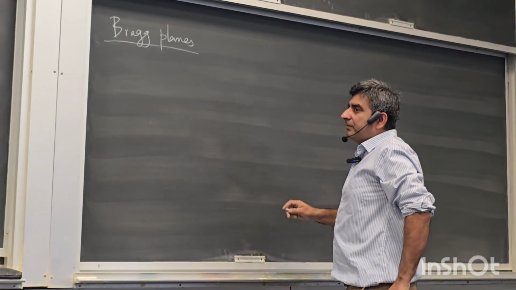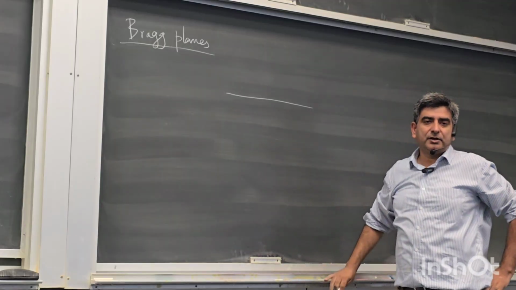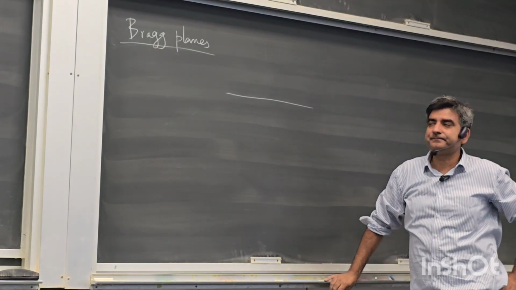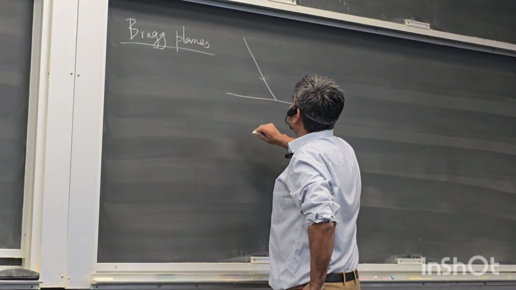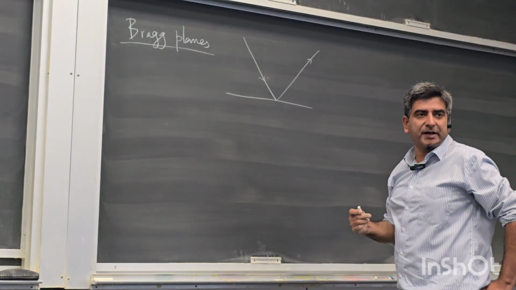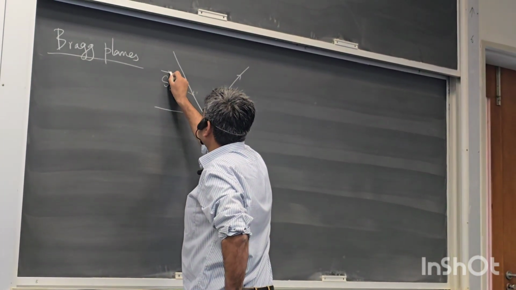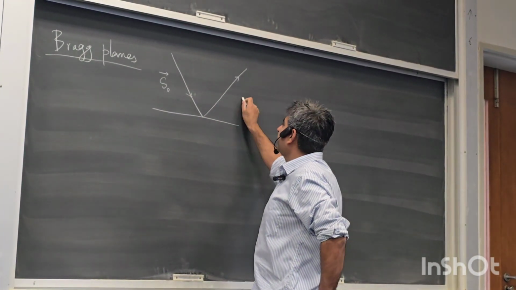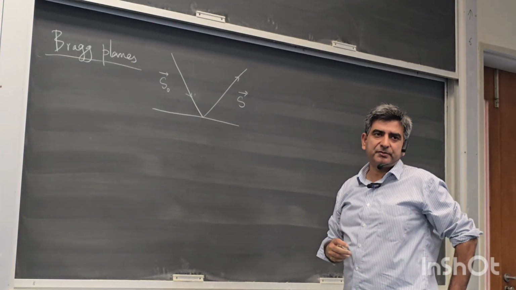So if I look at my Bragg reflection, which is a model for X-ray scattering, there's a reflecting plane, and an incident X-ray comes in and is reflected in the Bragg model. So this unit vector S naught is for the incident and S for the reflected, and we've used this notation before.